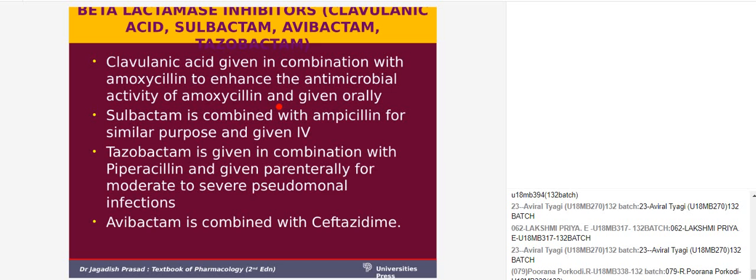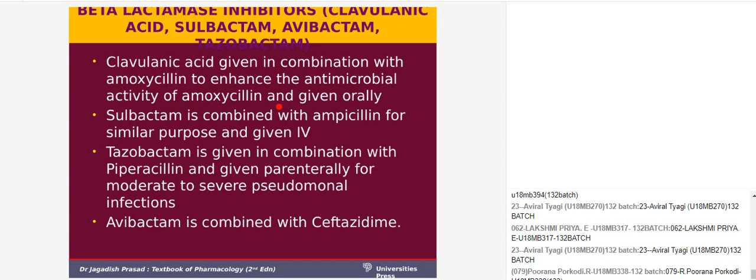Sulbactam plus ampicillin is available as oral, intramuscular, and intravenous. They are commonly used for intra-abdominal and pelvic infections, that is mixed aerobic and anaerobic infections due to beta-lactamase producing strains of S. aureus, gram-negative aerobes, and anaerobes.